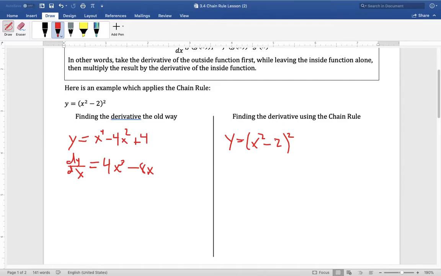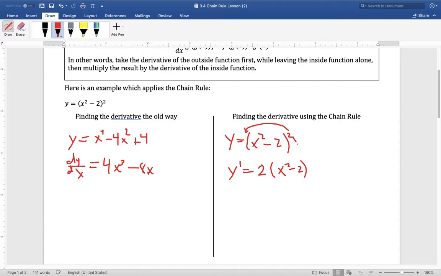So we're just ignoring the inside. So it's 2 times, I'll call it y prime, 2 times the outside, which there's a 1 here, so that's just 2. And then the inside stays the same, x squared minus 2.